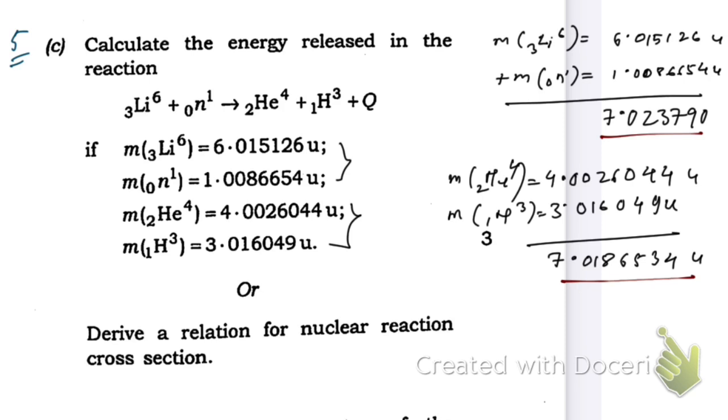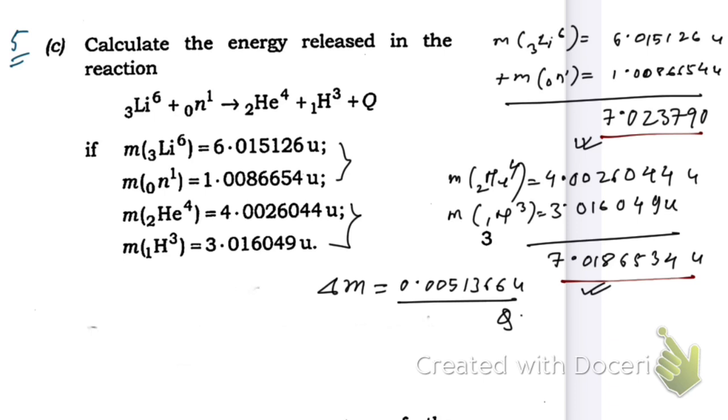The difference of these two masses, delta M: this one is greater than this one, so if you subtract these two, you should get 0.005136 U. So the energy released, the value of Q, will be given by delta M into 931.48 MeV.